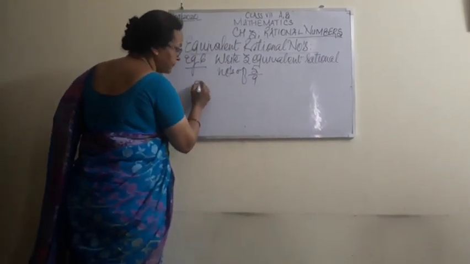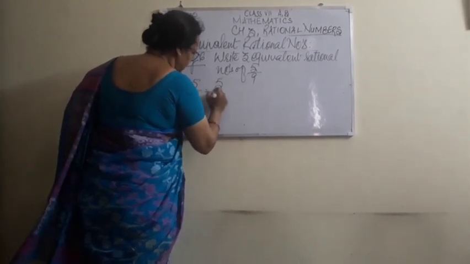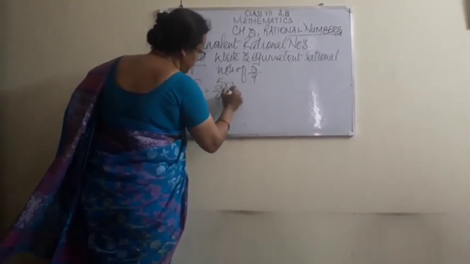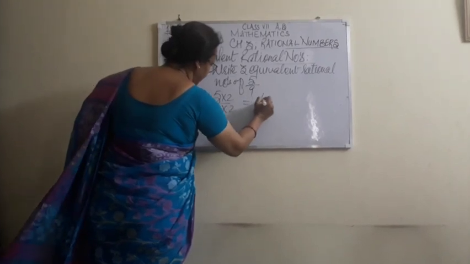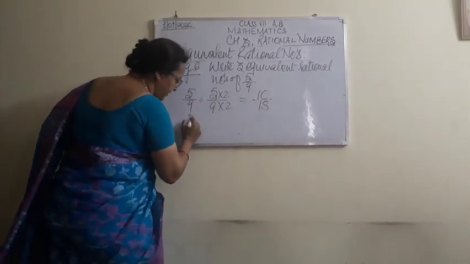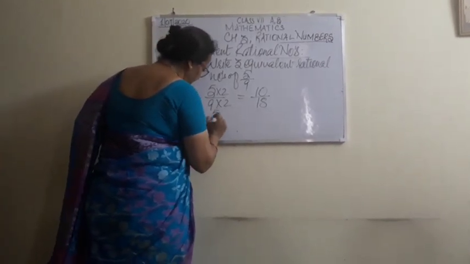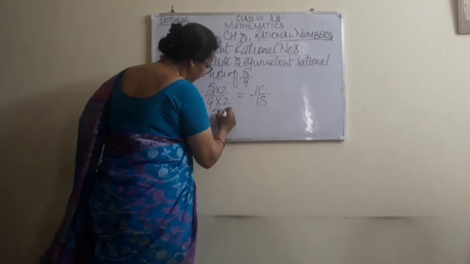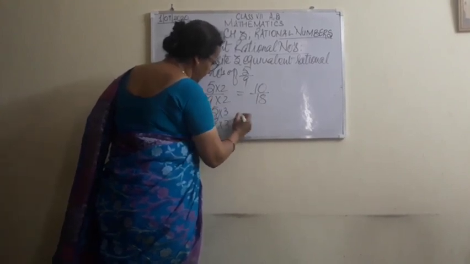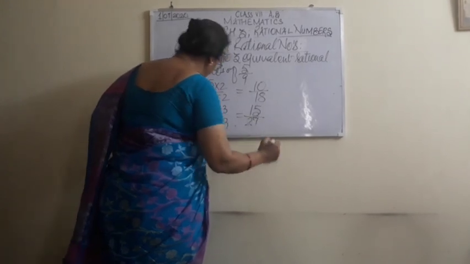We start with 5 by 9 equal to 5 by 9 into 2 by 2. So what will it be? 5 2s are 10 and 9 2s are 18. Next, 5 by 9 into 3 by 3 will be 15 by 27. Is it clear?